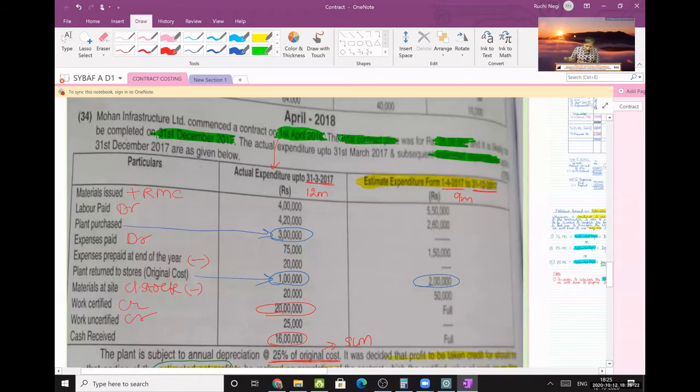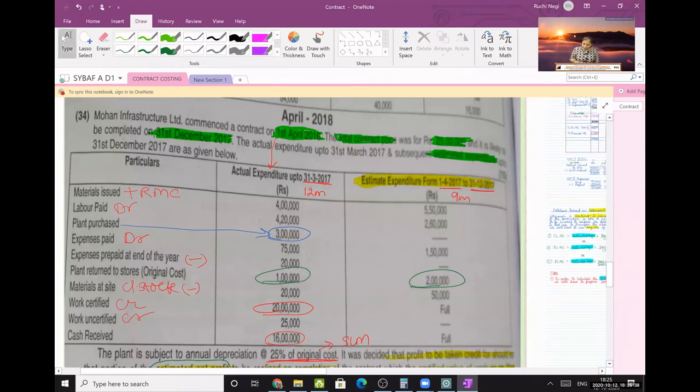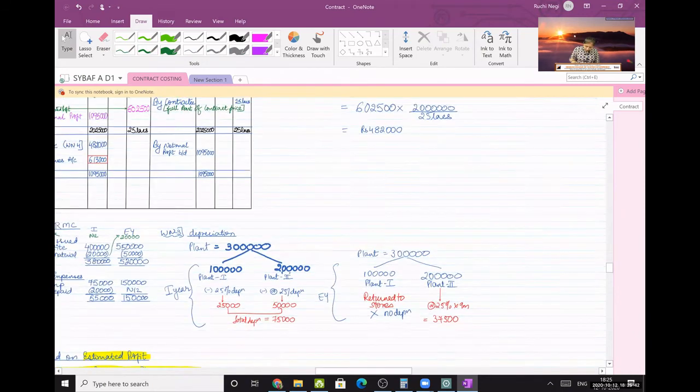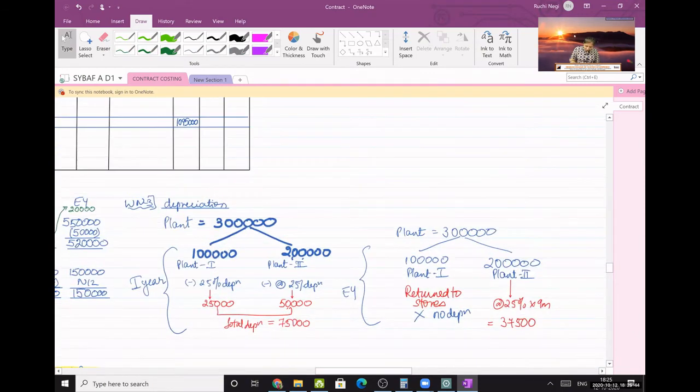See, plant return to stores. 1 lakh and 2 lakhs. So there are two plants, plant 1, plant 2.